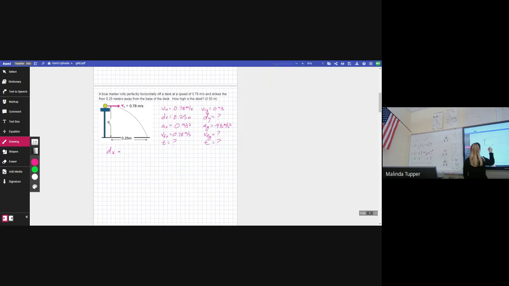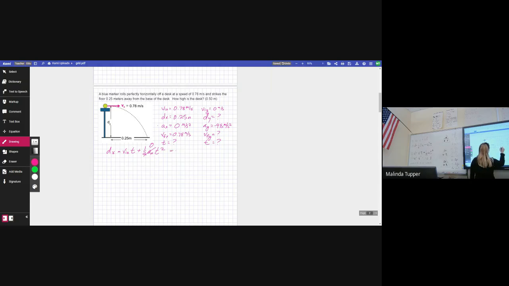So this is the initial velocity times the time plus 1/2 times the acceleration times the time squared. So from here, again, I know that this term is 0 because the acceleration in the horizontal direction is 0.